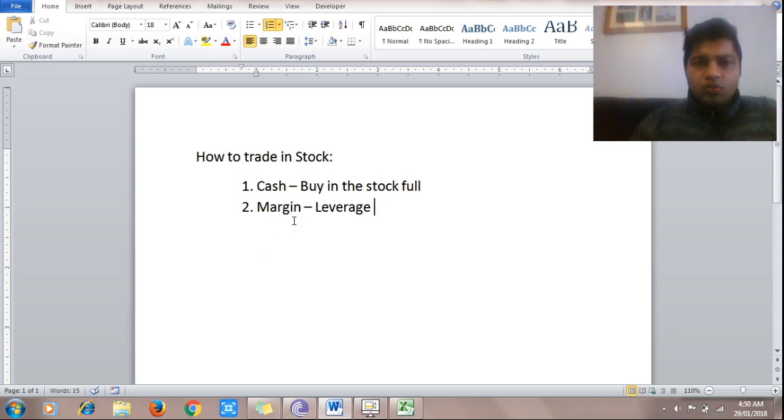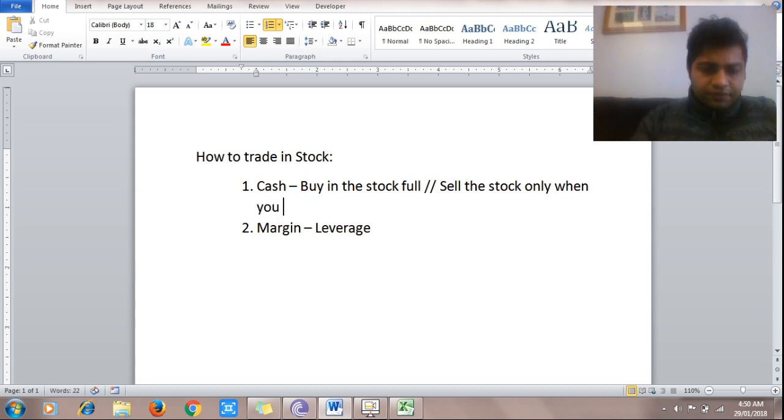But there are two ways to trade in stocks, cash or margins. Cash is where you buy the stock in full and you sell the stock only when you have it. So you sell the stock only when you have it.